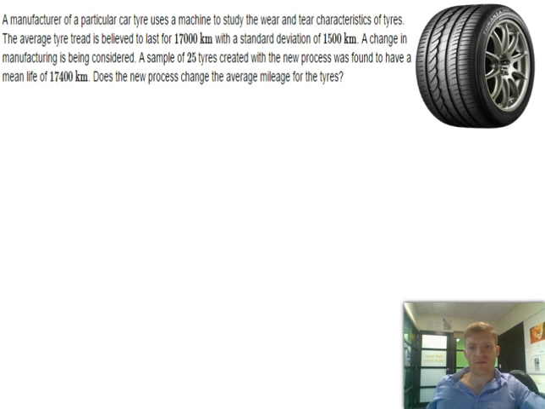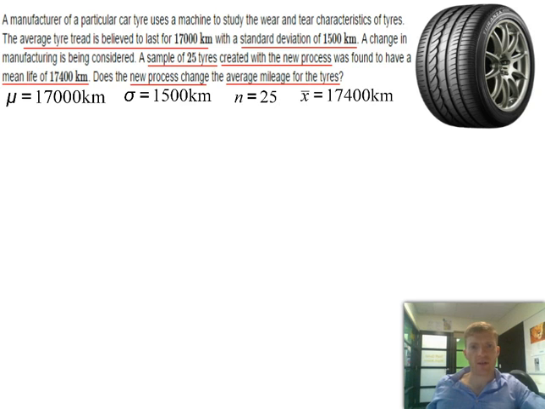So first off, let's go about, from the information, identifying some key important values for our parameters and statistics. The average tire tread is believed to last 17,000 kilometers. So that is our established average, our population mean. And it has a population standard deviation, so that's that amount there corresponding to this value.